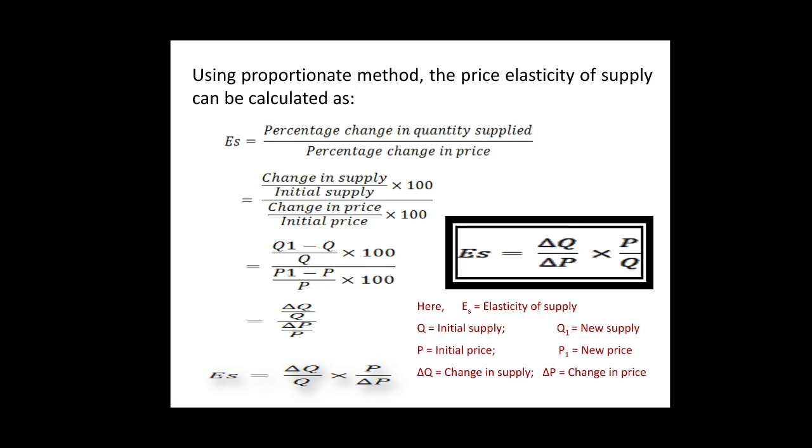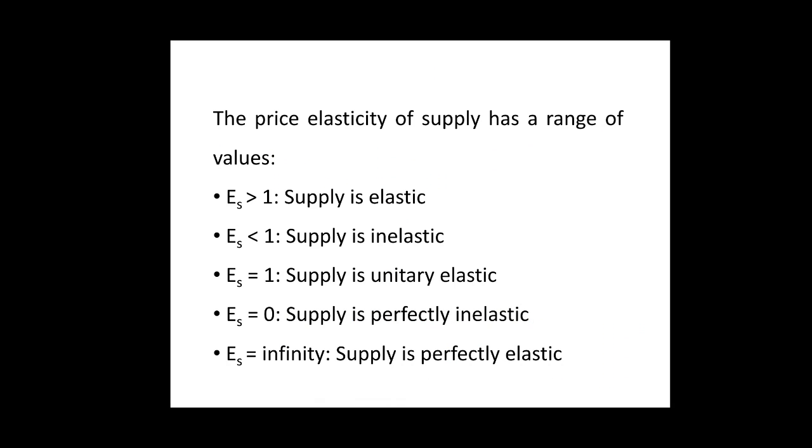Which means that the value of elasticity of supply ranges between 0 to infinite. Dear students, for all the commodities, the value of elasticity of supply cannot be the same. For some commodities, the value may be greater than 1 or less than 1. Its value can also be equal to 1 or equal to 0 or equal to infinite.